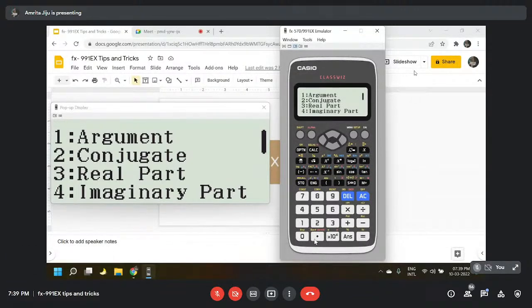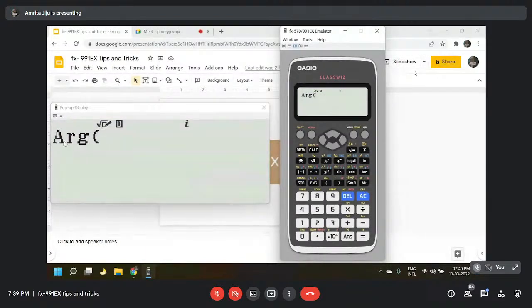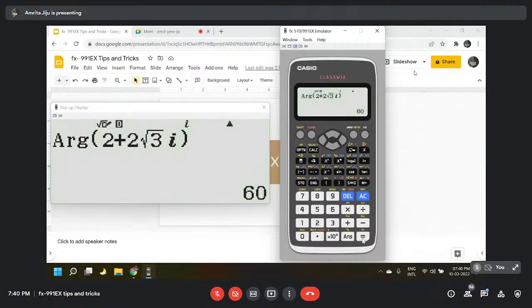To choose argument, we click number 1. So you have ARG here. Now you just enter 2 plus 2 root 3. Press the right arrow after you enter a root so that it comes out of the root, and just add i. Now click equals, and you will find 60.